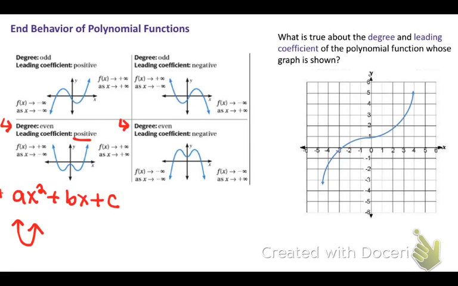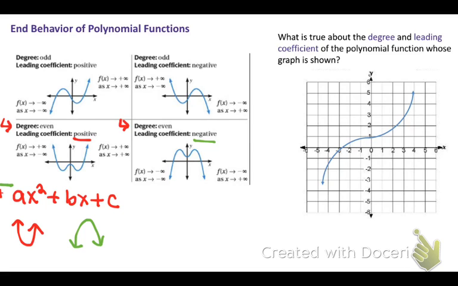Positive, you can see that this W shape opens up. If we had a quadratic function and it were negative, it opens down. So this is kind of an upside down W, but it still opens down because it's negative.